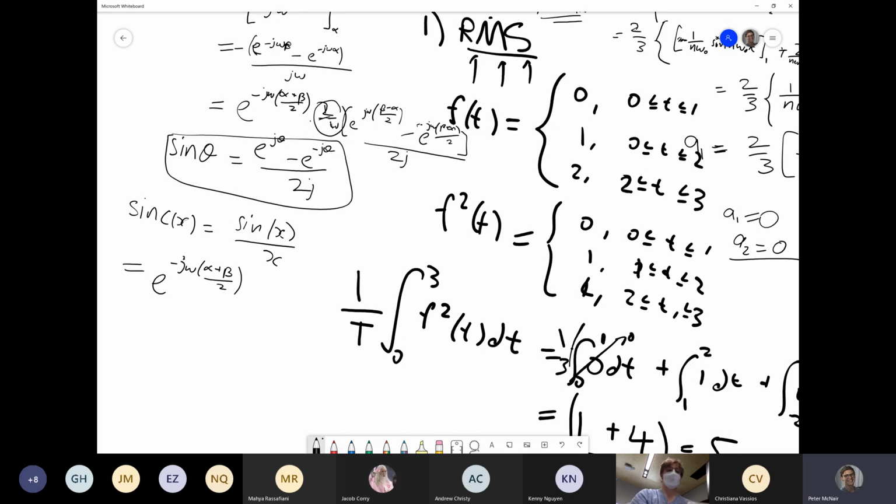This is just going to affect the phase. For the magnitude, why don't we multiply through by beta minus alpha and then divide by beta minus alpha.